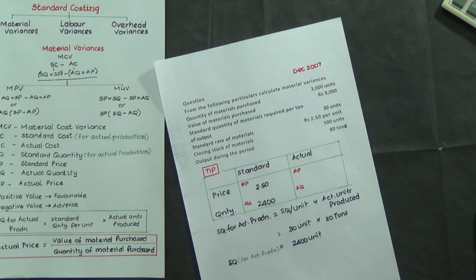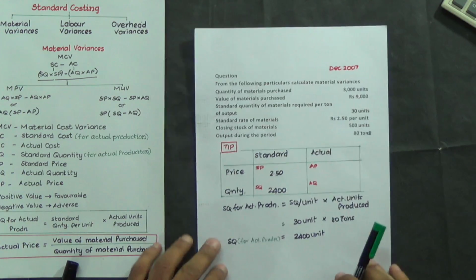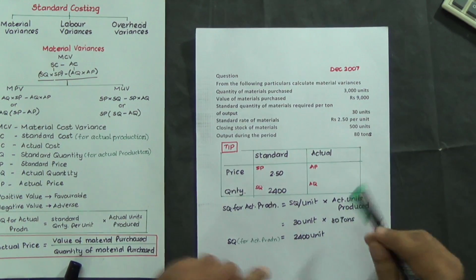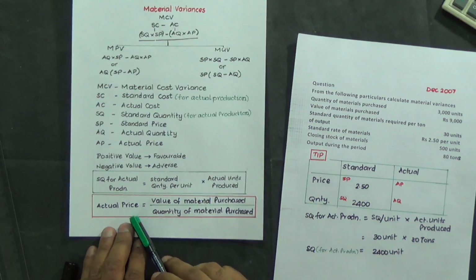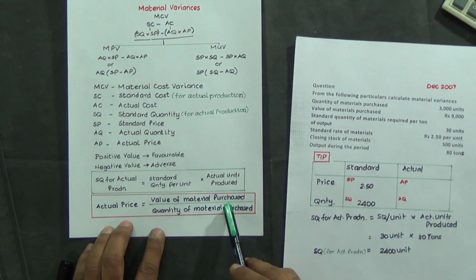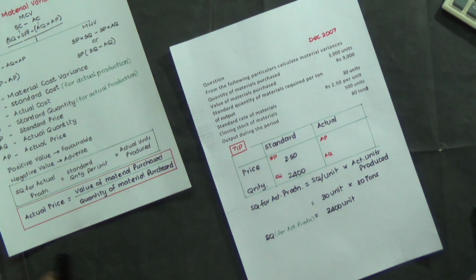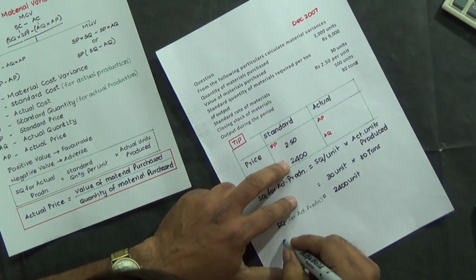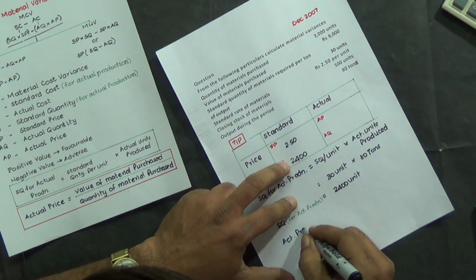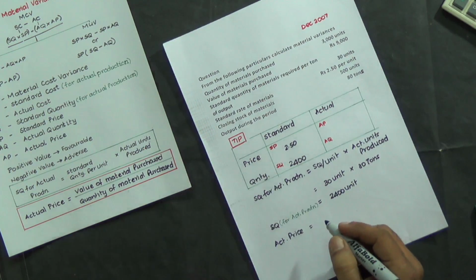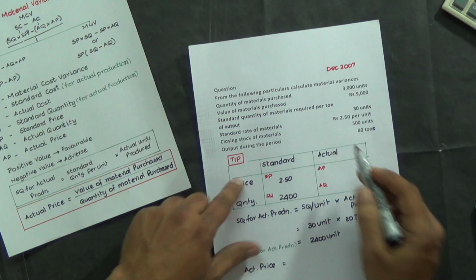Actual price is not directly given in the problem. Nowhere we find actual price. We have this formula, actual price is equal to value of material purchased divided by quantity of material purchased.